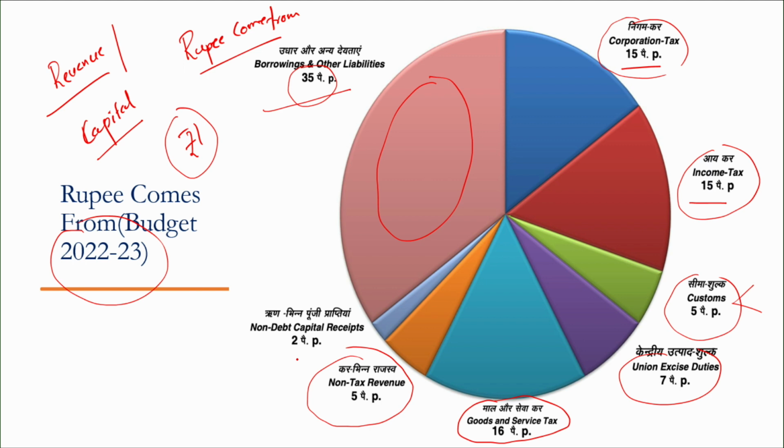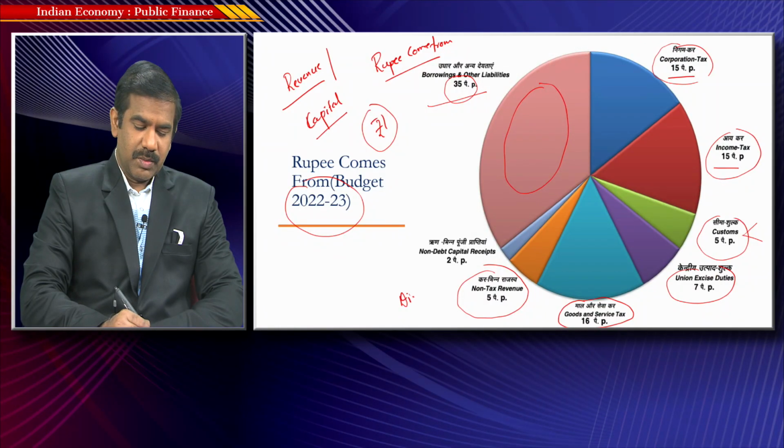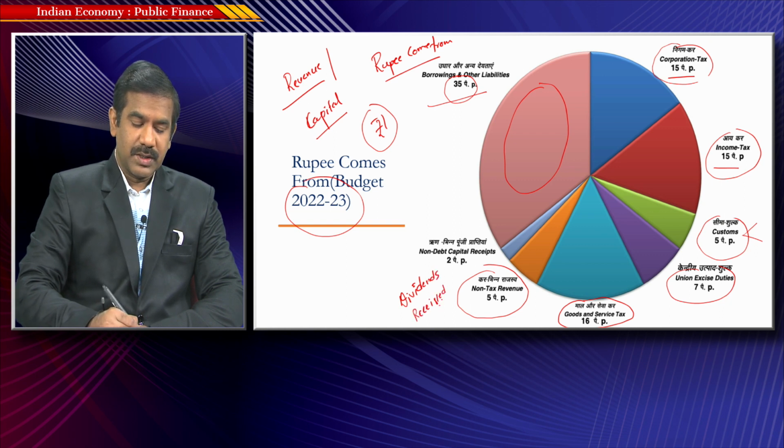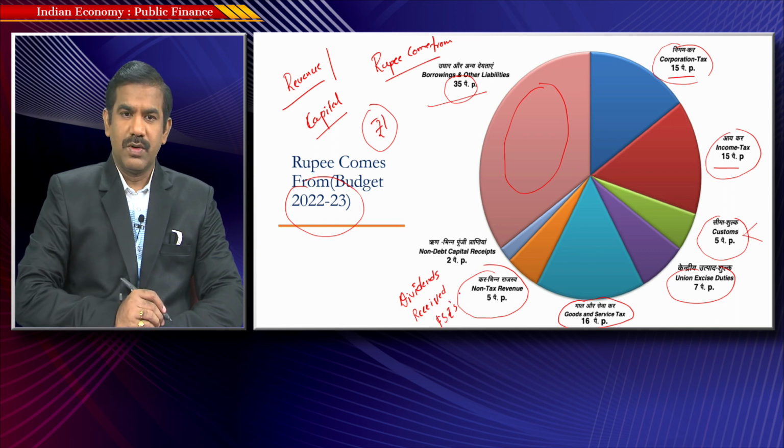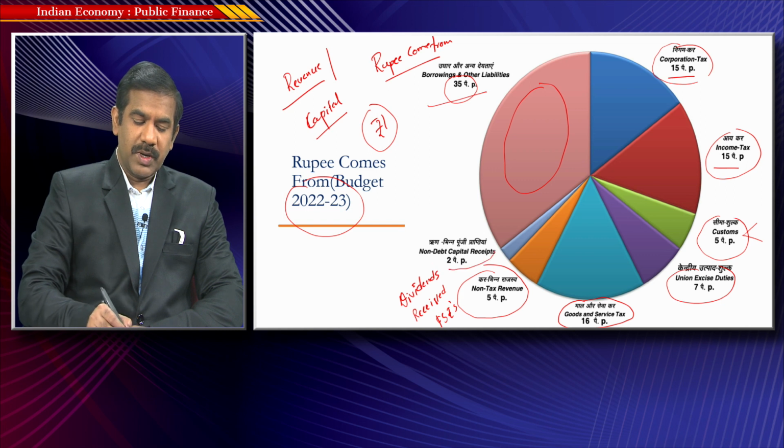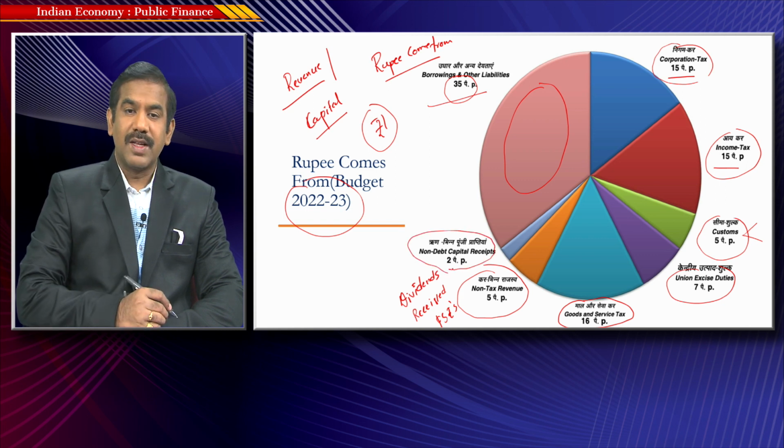I think you remember what exactly a non-tax revenue is. It is anything that is recurring, let's say interest payments made by the states upon the loans borrowed, or dividends. One of the best examples is dividends received by the central government from PSEs, public sector enterprises. Then approximately 2 paise comes from non-debt capital receipts.